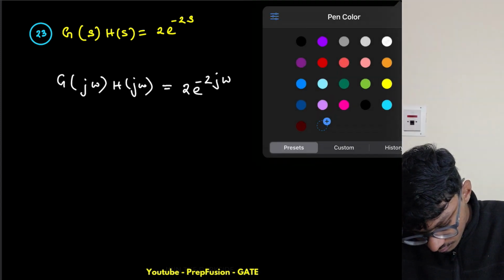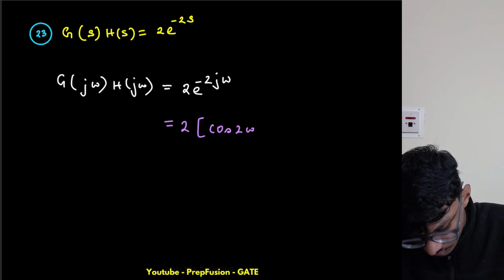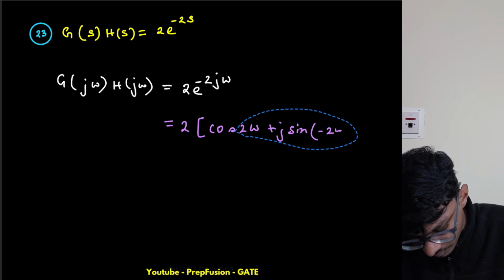So let me take another pen. This 2 is outside only, this is cos 2 omega plus j sin minus 2 omega, because minus 2 omega is theta, sorry, I will write here also minus 2 omega.